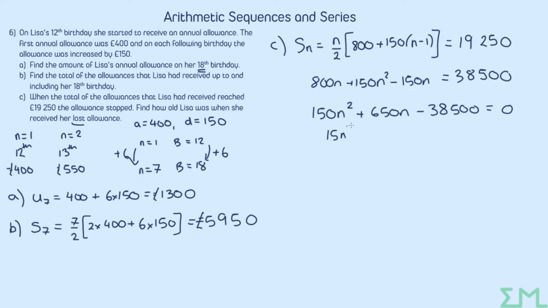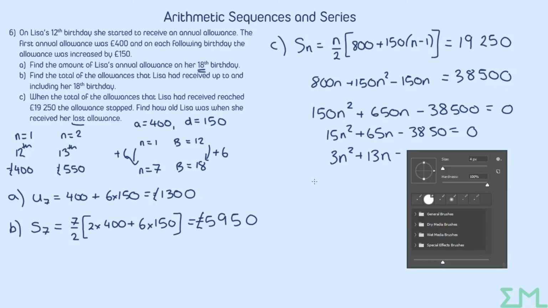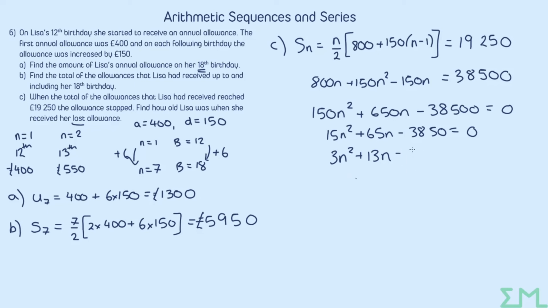Well, we can do some simplifying here. So if we drop to 0, for example, we would get to there. Divide by 5. We would have 3n squared plus 13n minus 770, and then we're hoping this factorises.